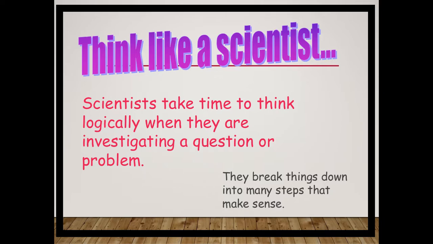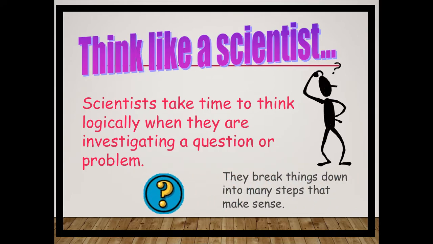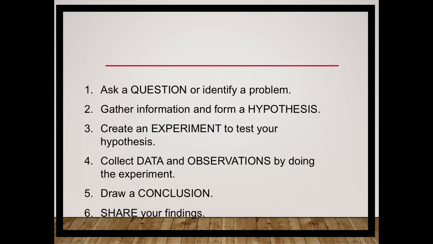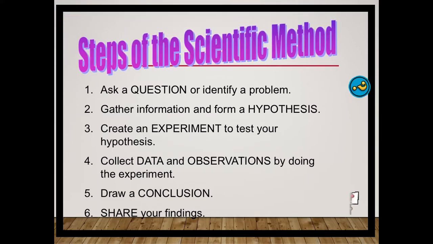We ask questions. These are things that you do all day, every day, and you don't even realize it. When we ask questions, we can investigate them to find out the answer. The steps in the scientific method are: ask a question or identify a problem. Then you gather information and form a hypothesis.